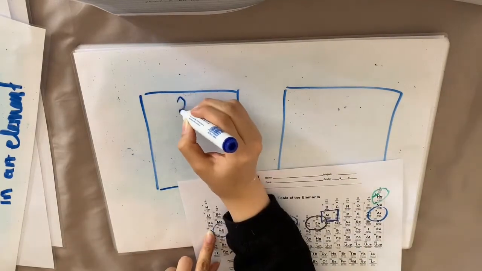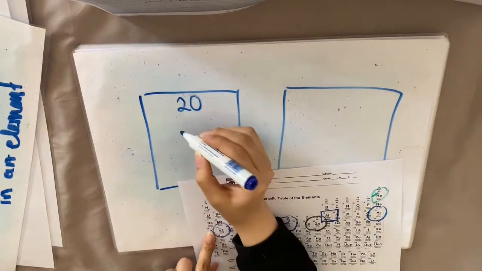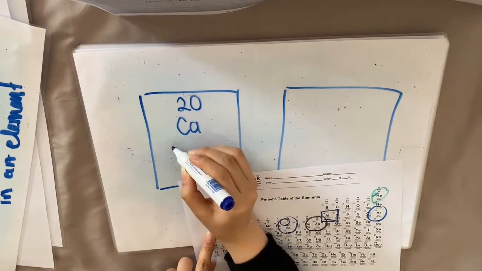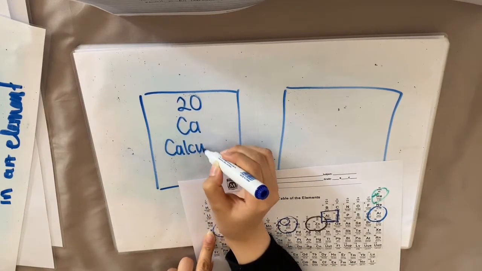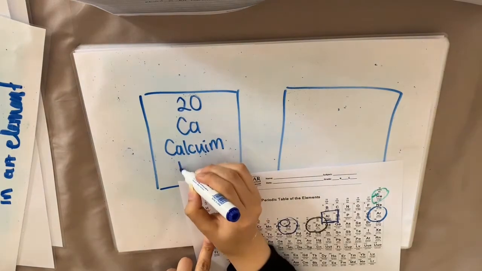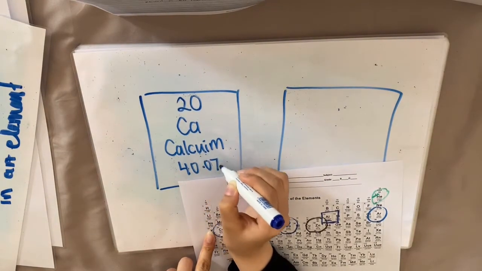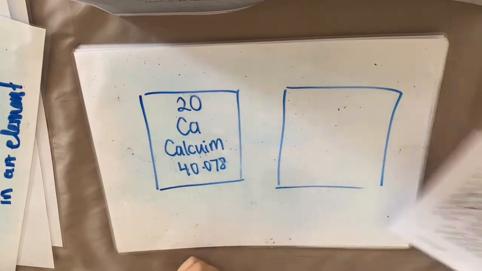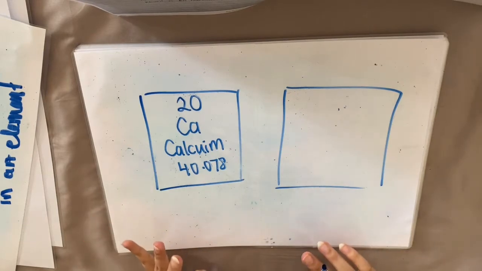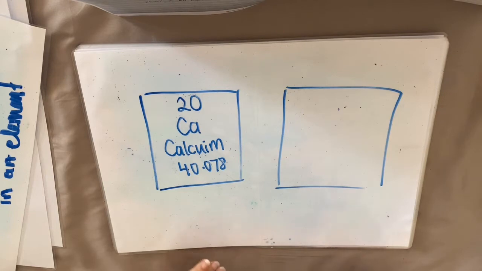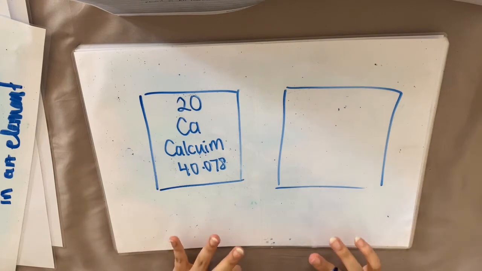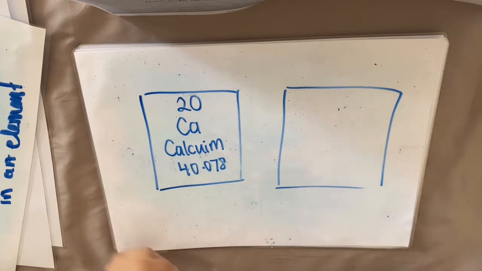First of all, atomic number 20, symbol Ca, name calcium, atomic mass 40.078. Think of the atomic number as the small number and the atomic mass as the big number. This is how it is always. So it's just to make it simpler. And you're going to have a copy of the periodic table to allow you to study.